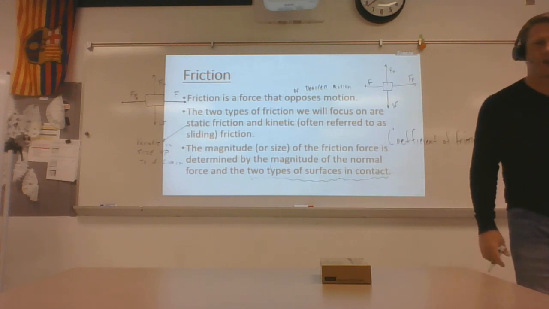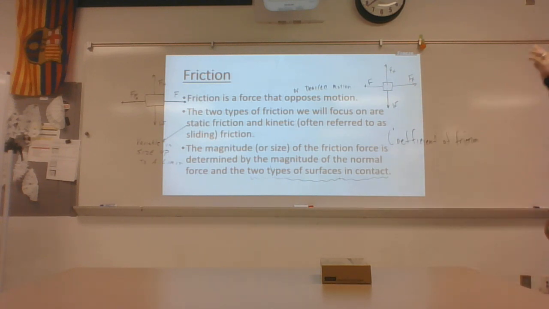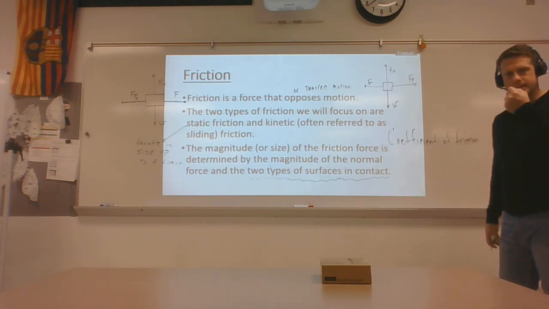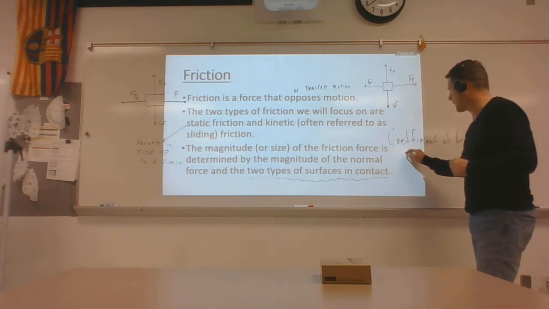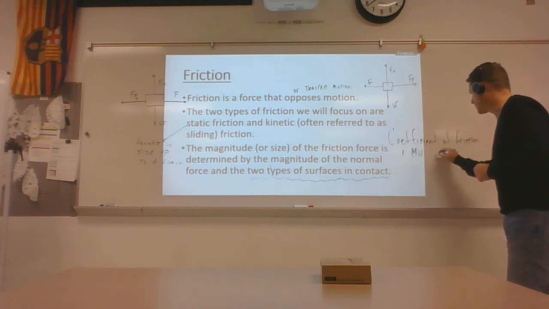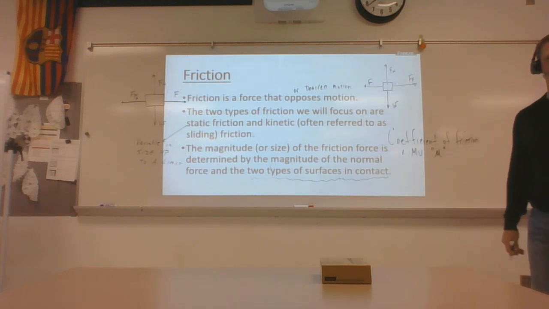The coefficient of friction is the quantifier for the types of surfaces in contact. The coefficient of friction is often called mu because it's represented by the Greek letter mu.